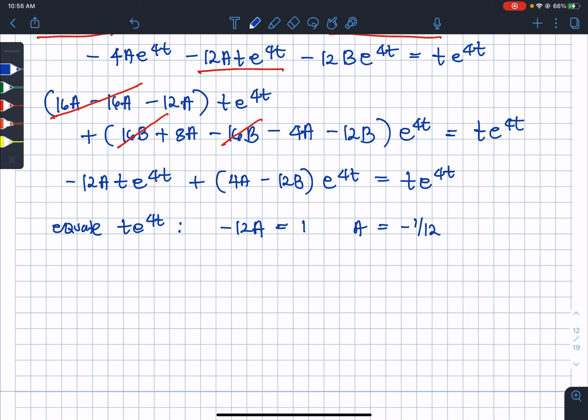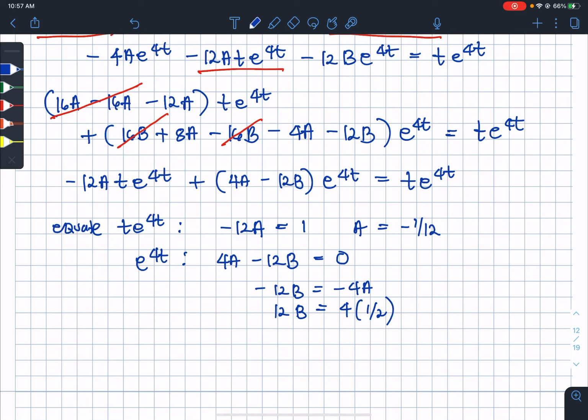And involving only e raised to 4t, that is 4a minus 12b equals 0. So negative 12b is equal to negative 4a. Both are negative, so that would just be positive 12b equals 4, our a is 1 over 12.